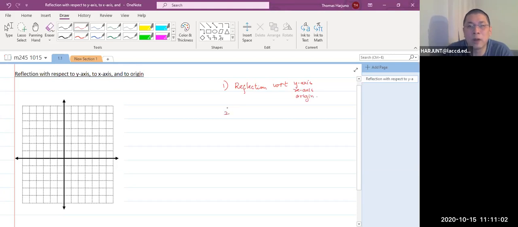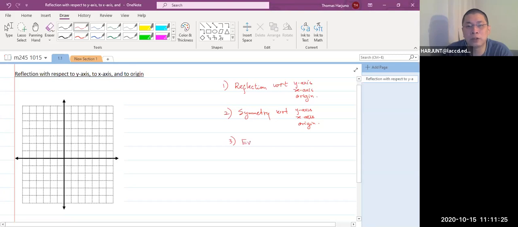And then from there, we will talk about symmetry with respect to y-axis, x-axis, and origin. And then from there, we go back to 2.3. We will talk about even and odd function. But these three topics are very closely related.